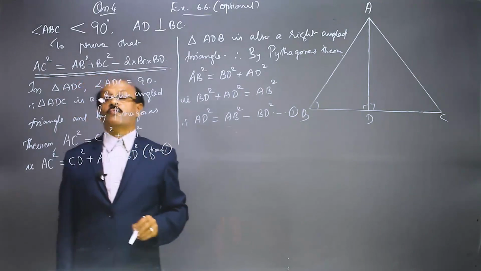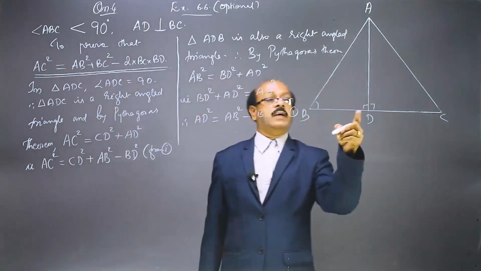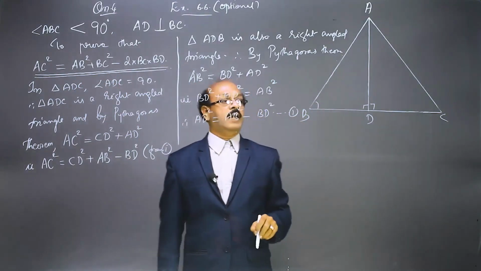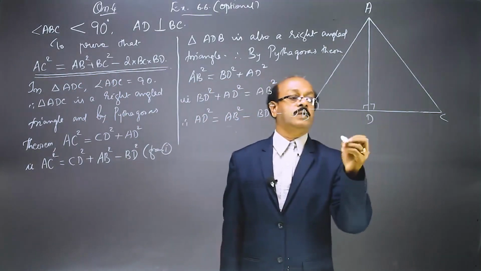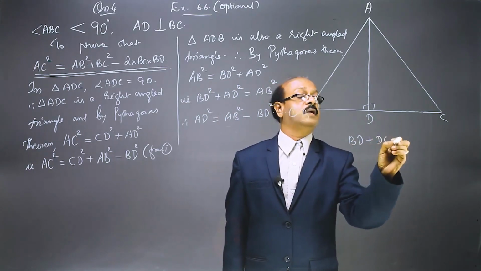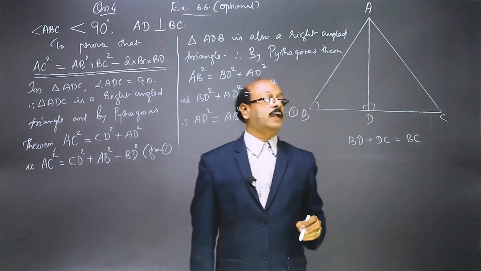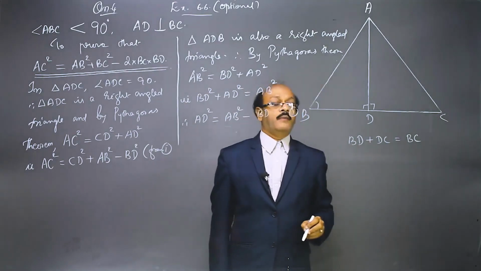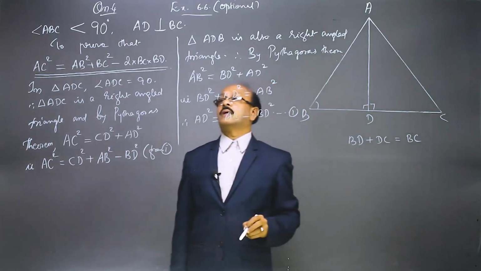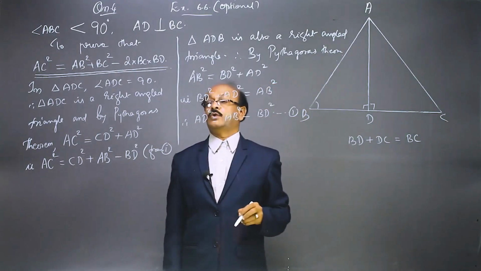What is the value of BD from the given triangle? BD plus DC is equal to BC. In our answer we need BC into BD.